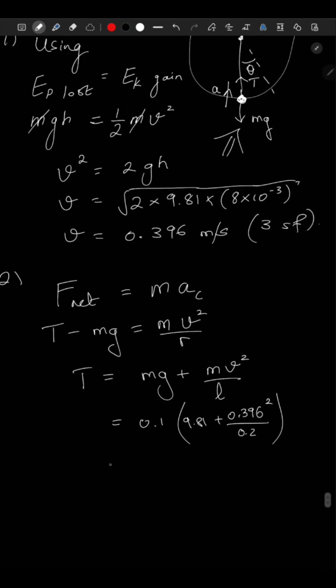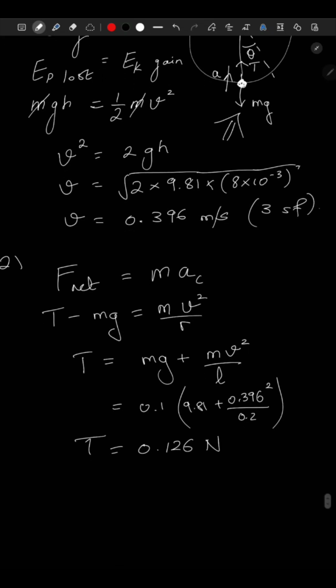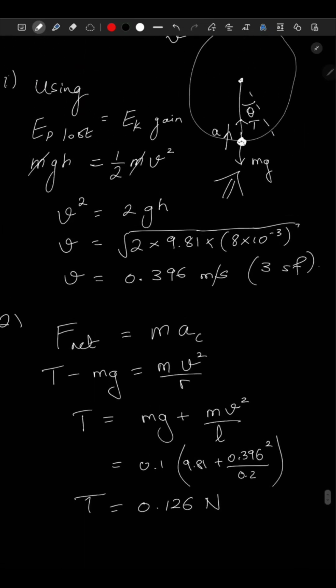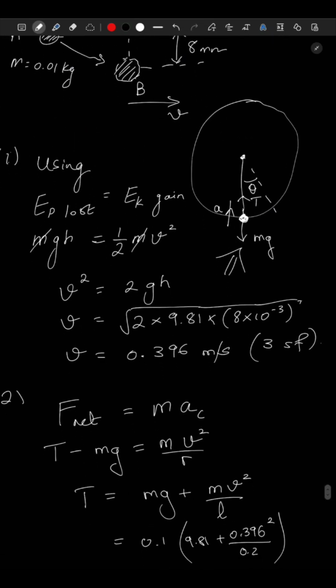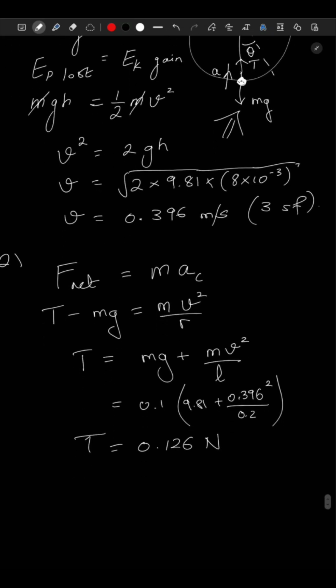Therefore, you will have a value of about 0.126 Newton. So this is the tension in the string. This is a very simple example of a vertical circle.